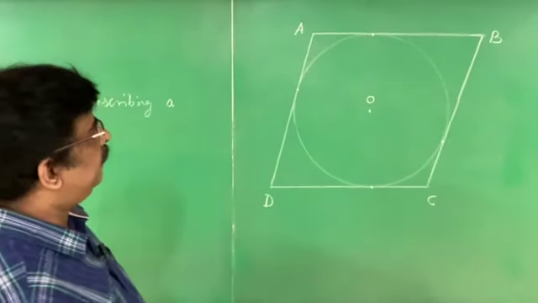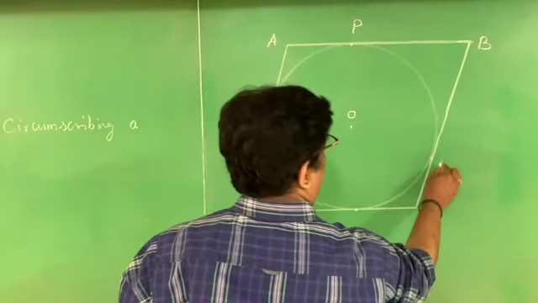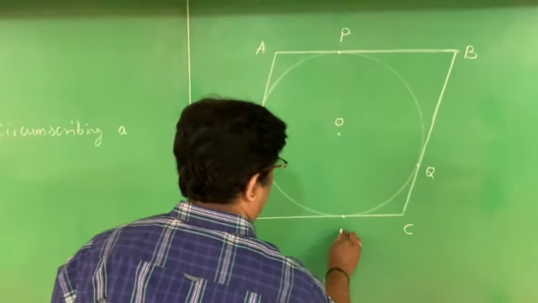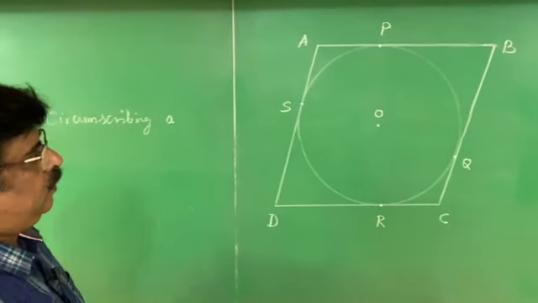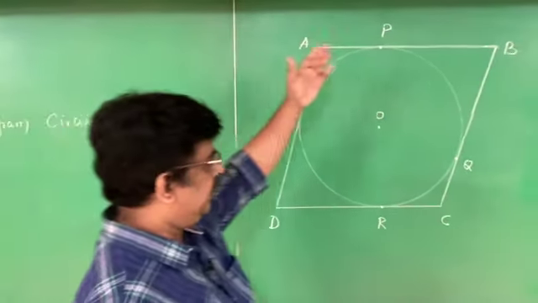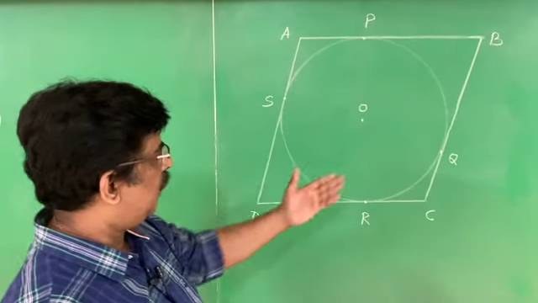Now I name them P, Q, R, S. See, ABCD is a parallelogram touching the circle at P, Q, R, S respectively.